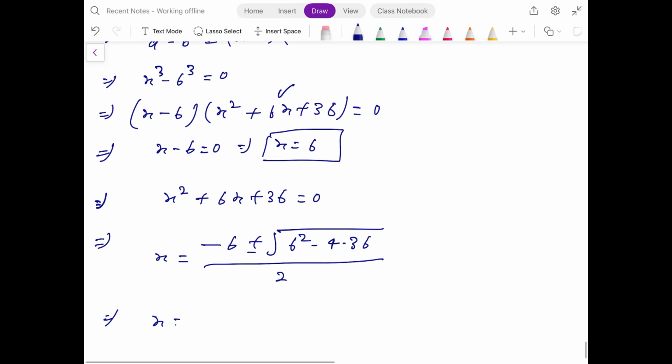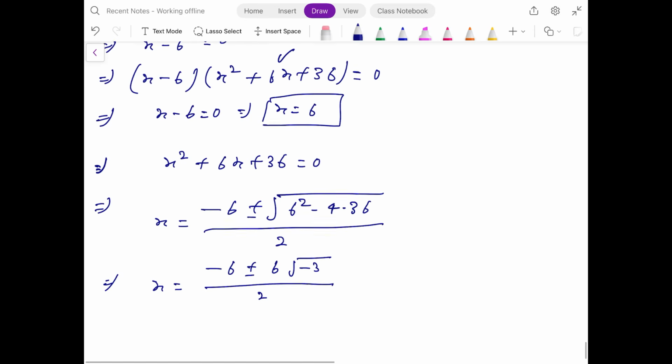So further we can write x equal to minus 6 plus minus, and if we take 36 common from the square root, we will have minus 6 plus minus 6 times square root of 1 minus 4, that will be square root of minus 3, then divided by 2.